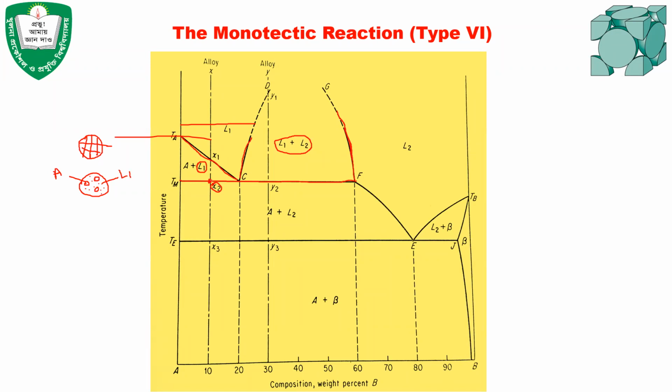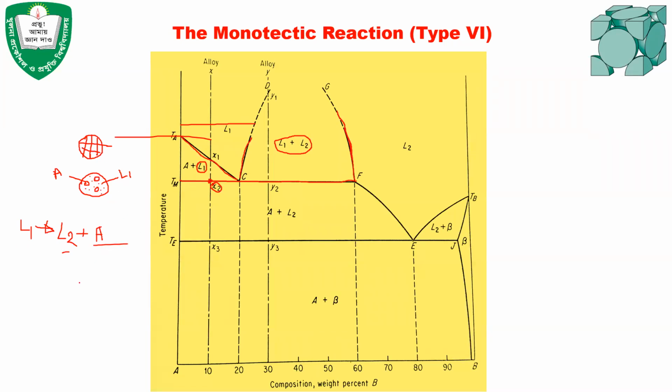Once the monotectic reaction has taken place, then liquid 1 will be converted into liquid 2 plus solid A.